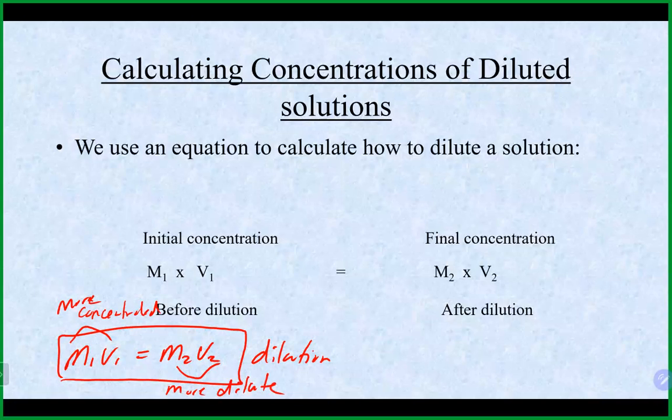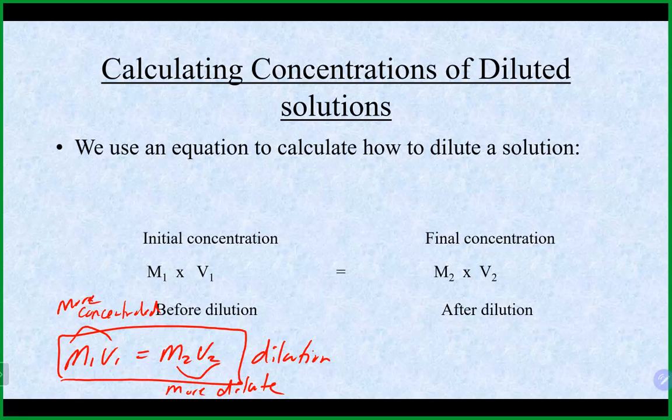M1 is the molarity of the more concentrated solution. V1 is the volume of the more concentrated solution you're going to use to make the solution. M2 is the molarity of the more dilute solution that you want to make in a lot of cases. And V2 is the total volume of a diluted solution that you want to make in those cases.